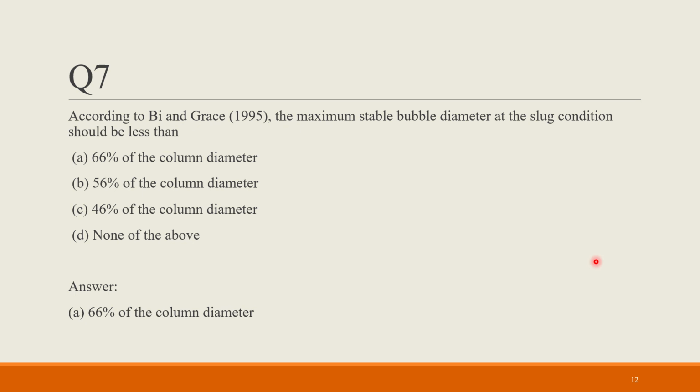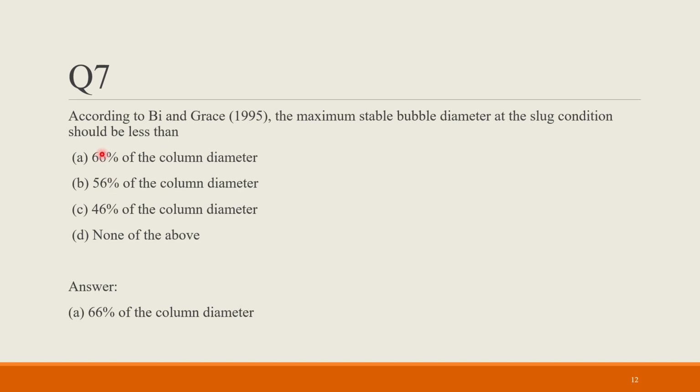According to Baeyens and Geldart, 1995, the maximum stable bubble diameter at the slug conditions should be less than 66% of column diameter, 56% of column diameter, 46% of column diameter, none of the above. We all know that in slugging condition, the bubbles grow in size and almost occupy the whole diameter of the column, right?